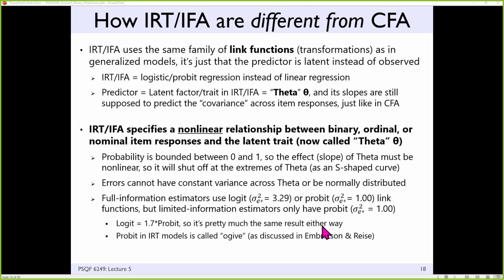So how the models then differ is link functions. So IRT and IFA are to logistic or probit regression instead of linear regression, and what we call the factor, it's theta now. So the relationship in CFA models for binary responses between the response and the trait is nonlinear because of this transformation S-shaped curve thingy, which is what we need to keep the responses from going out of bounds.